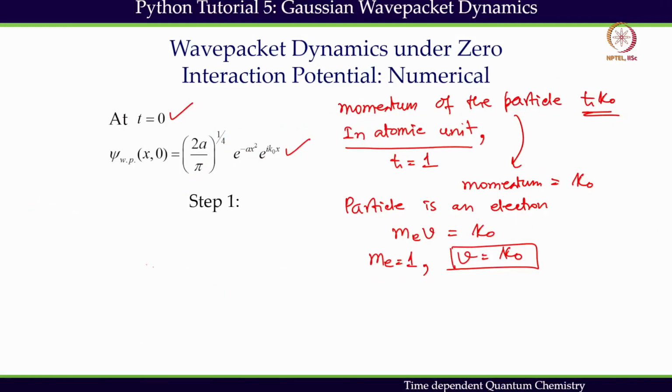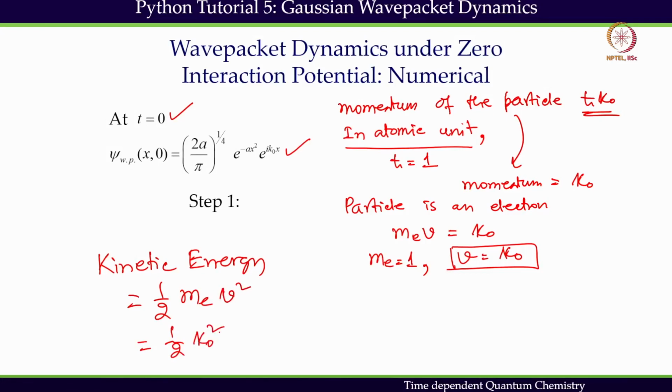Based on this representation, the kinetic energy of the particle is going to be half m_e v squared. We are considering electron as a particle, so m_e is 1 and v equals k naught, so half k naught squared is the kinetic energy of the particle in atomic unit.